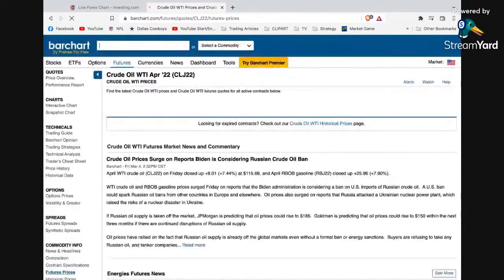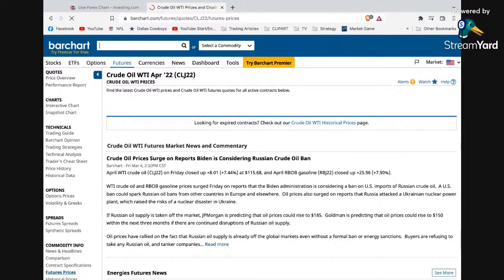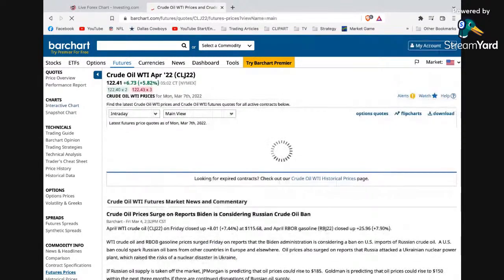Now, in Elliott wave theory parlance, this particular chart looks like it's completed a five-wave structure, so it's in a danger zone.